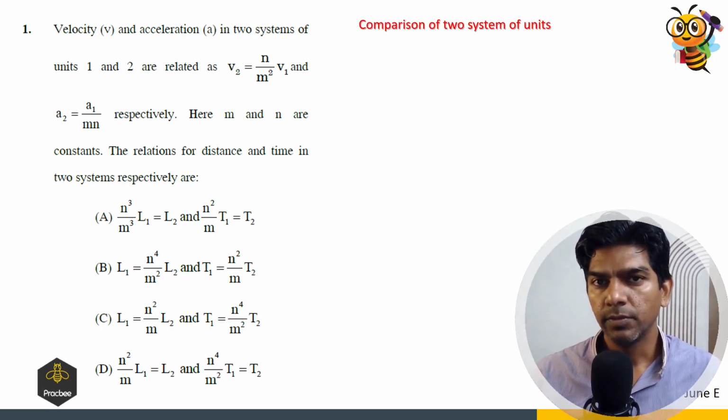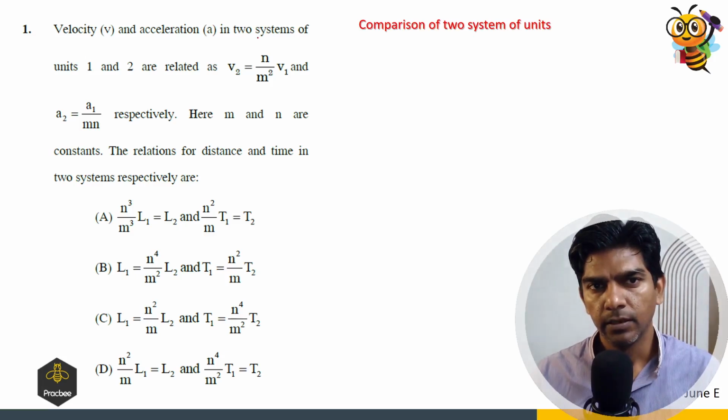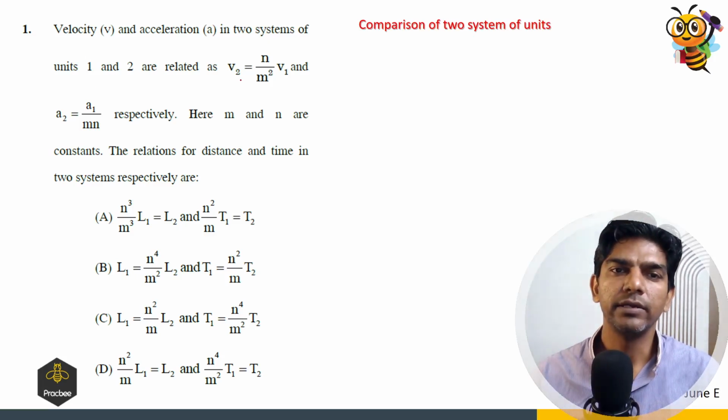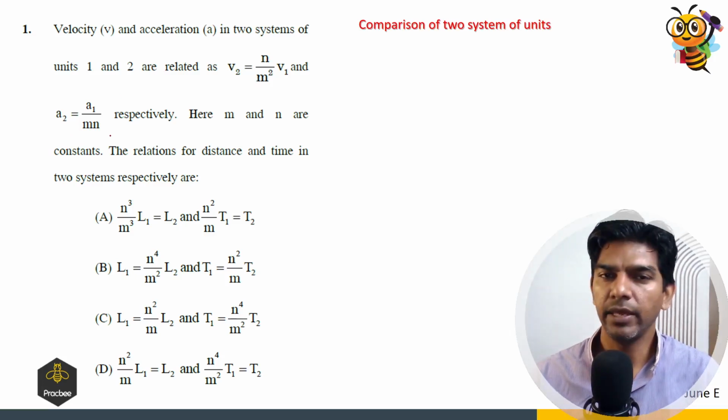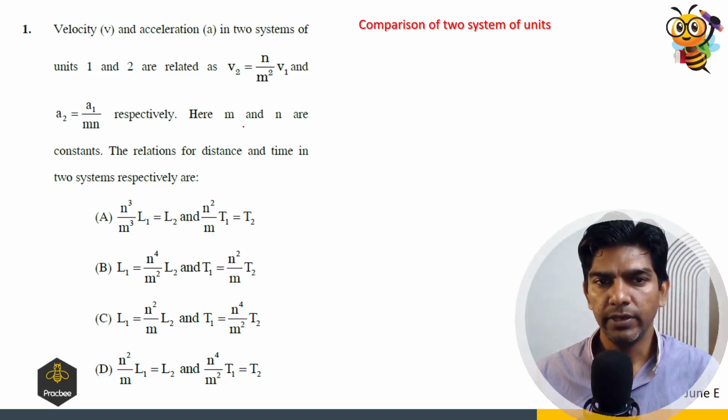Right, let's see the next problem type, where we have to compare two systems of units. Velocity V and acceleration A in two systems of units 1 and 2 are related as V2 is n by m square V1 and A2 is A1 by m times n respectively, where m and n are constants. The relations for distance and time in the two systems respectively.